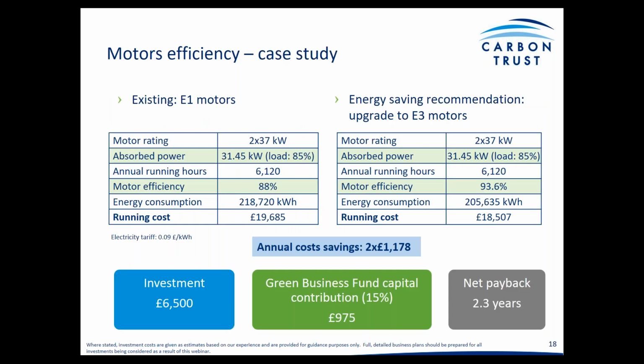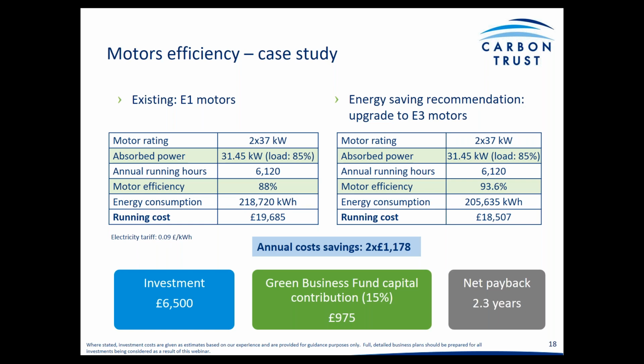We've got a case study here to give you some figures and some practical understanding of motor efficiency. This case study again comes from the Green Business Fund, where we analyzed a client with two 37 kilowatt motors.